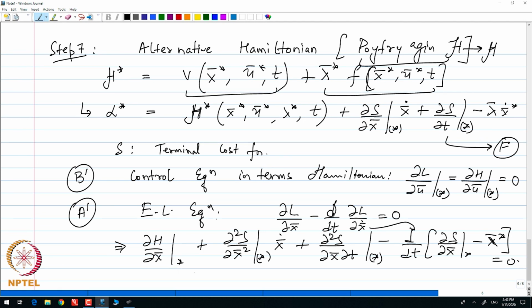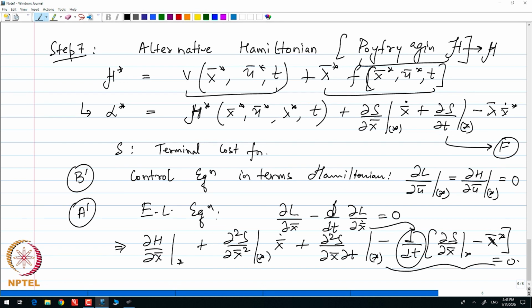Now, this is after taking into account whatever variables are appearing, and since this circled quantity is the total time derivative, we use the chain rule to make it a partial time derivative. So, this becomes the following.